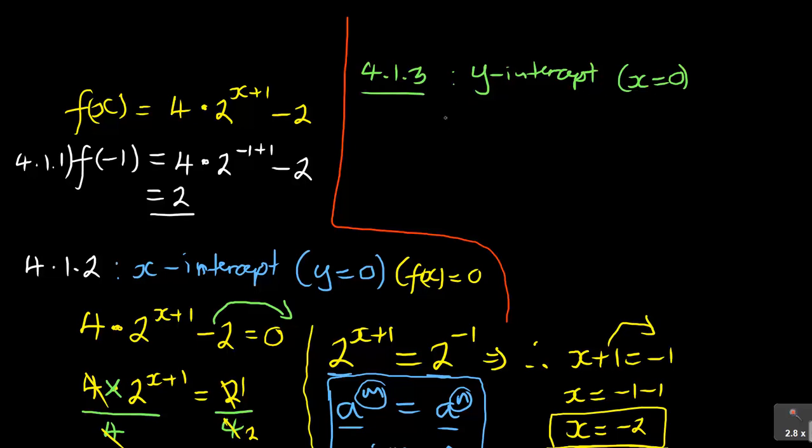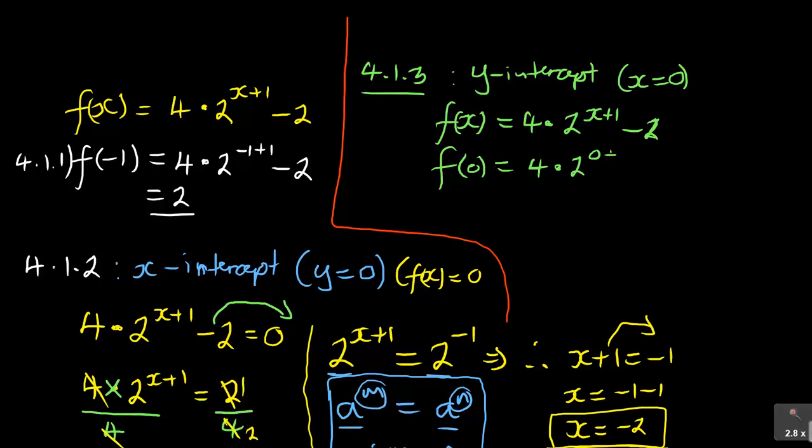So what you need to do is to take your f of x, and remember f of x here is equal to 4 times 2 to the power of x plus 1 minus 2, and we said x is equal to 0. So f of 0, where there is x, that's where we put the 0, is 4 times 2 to the power of 0 plus 1 minus 2.